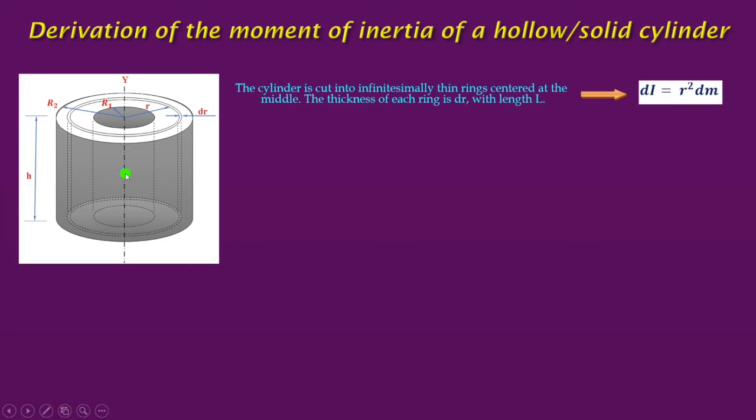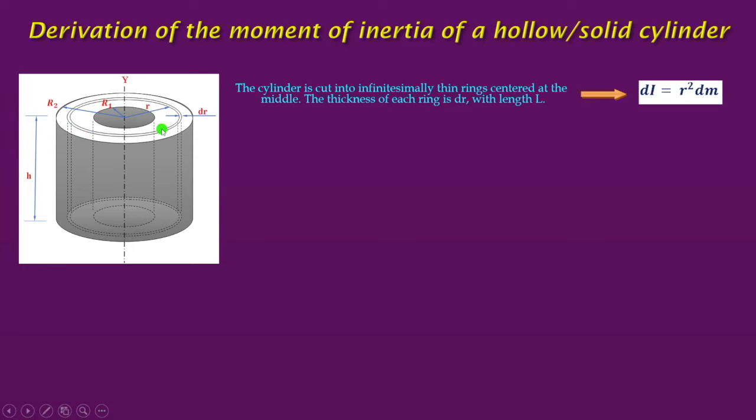The total mass is the mass of the entire ring, this dotted line ring, the infinitesimally small thin cylinder.